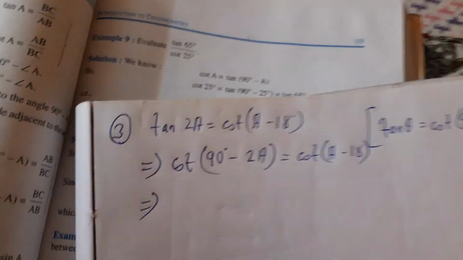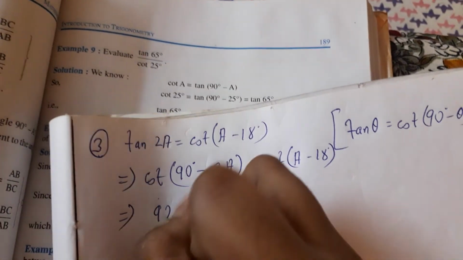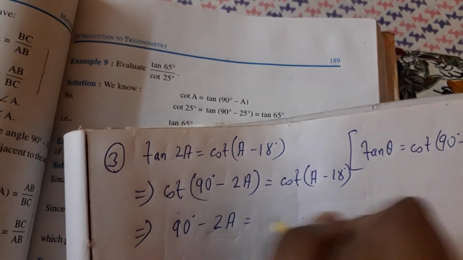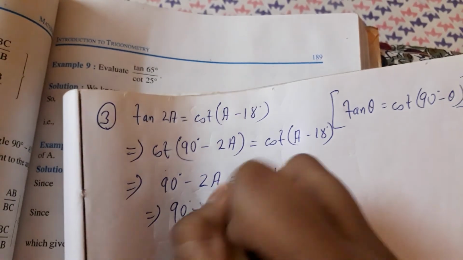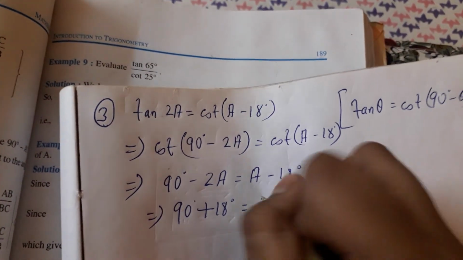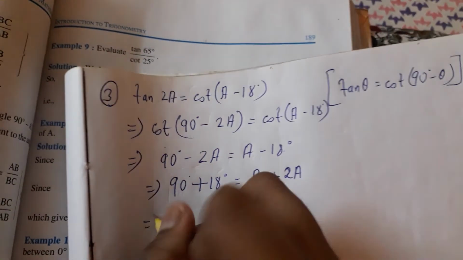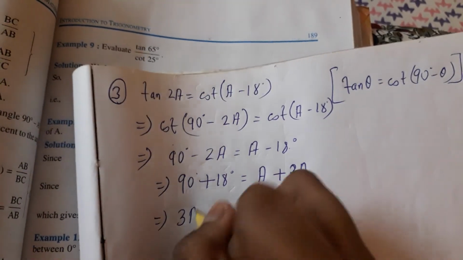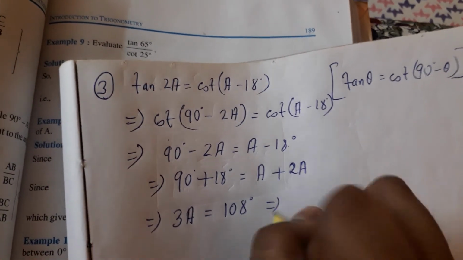Now see, equating both the sides, we will get 90 degree minus 2a is equals to a minus 18 degree. Okay, now solve. 90 degree plus 18 degree equals to a plus 2a. This will be 3a, which is equals to 108 degree.